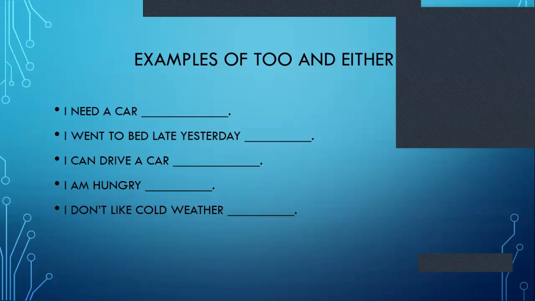So you have to use "too" and "either" here. You need to look at the statement: when the statement is positive, you will use "too", and when the statement is negative, you will use "either". Okay. So Arifa, better you tell me the first one. Will you use "too" or "either" here?